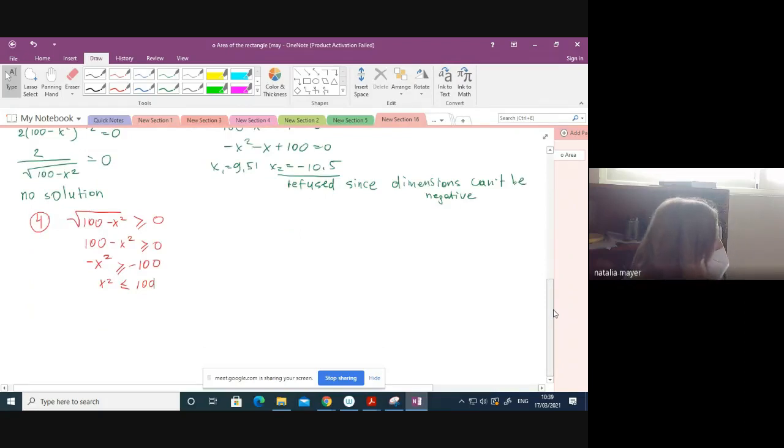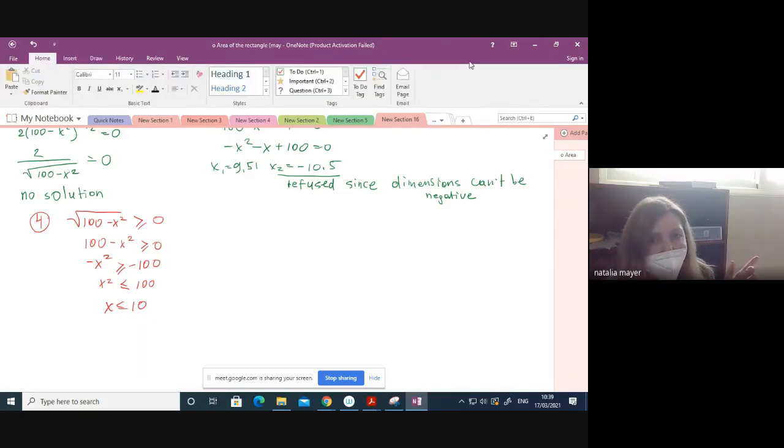So how to get the limit for x? Because this is x squared, square root. So if you square root 100, you will get 10 and negative 10. Is negative 10 relevant? No. So that means that x has to be less than 10. Okay, but that's not it, right? This is only width.